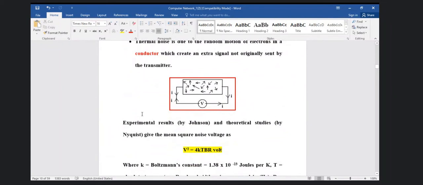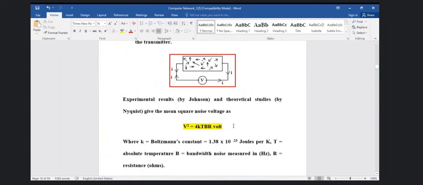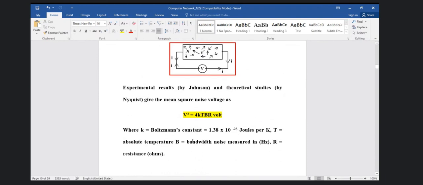Now, if we first consider thermal noise, the noise voltage is given as V square equals 4kTBR, where k is the Boltzmann constant, T is the temperature in Kelvin, B is the bandwidth of the noise measured in hertz, and R is the resistance.